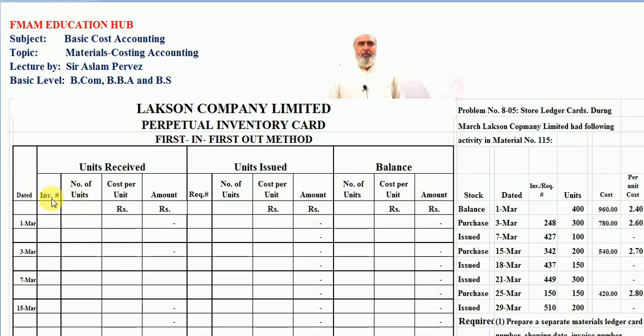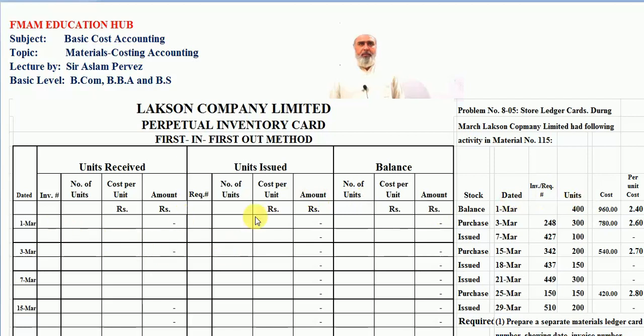It is not needed, but in any question, if an invoice number is given, then we have to draw an extra column for the invoice number. But in this question, it is not needed.